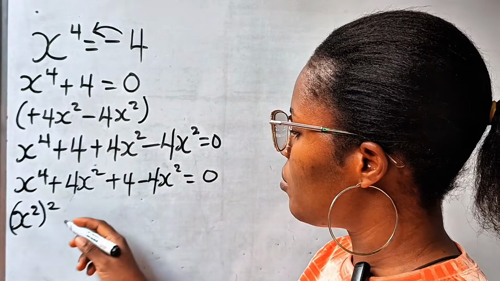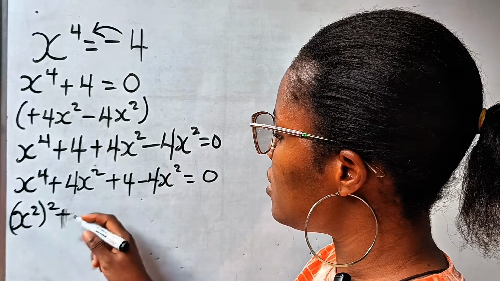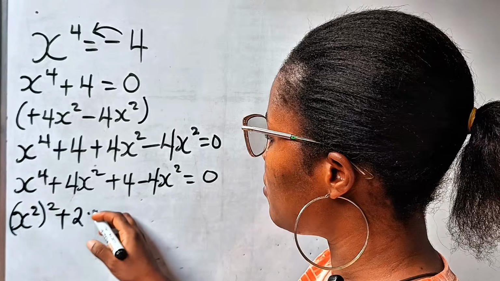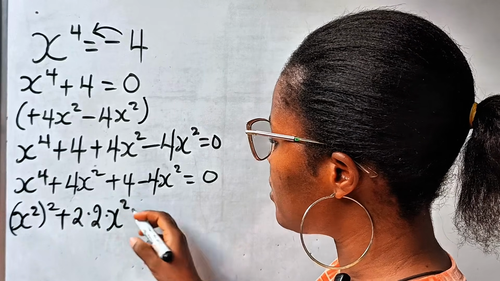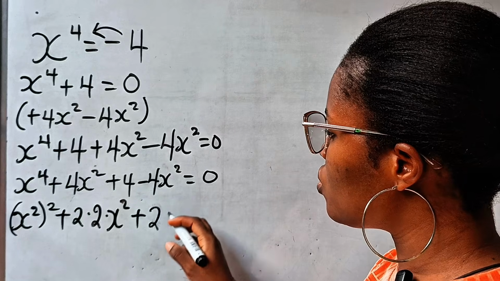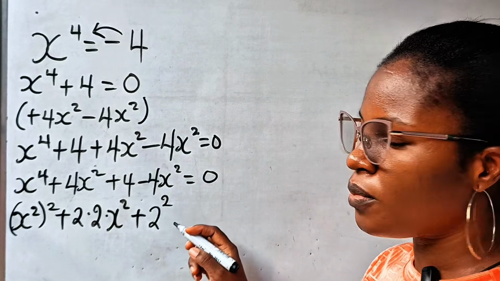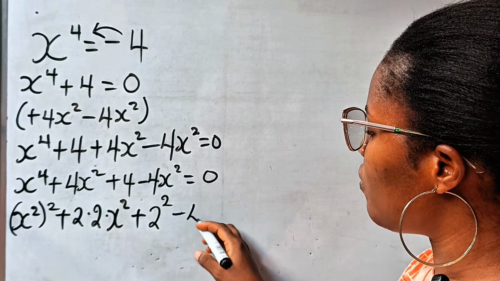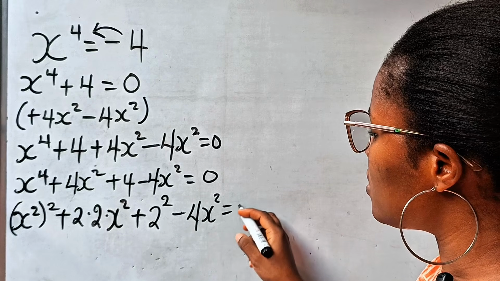Now, plus this is 2 multiplied by 2 multiplied by x squared, right? Plus 4 is the same thing as 2 raised to the power of 2. Then minus 4x squared is equal to 0.